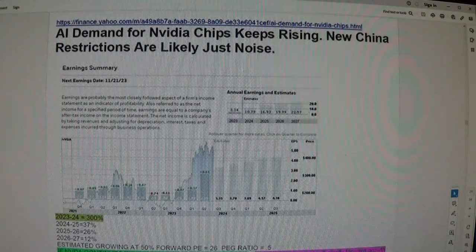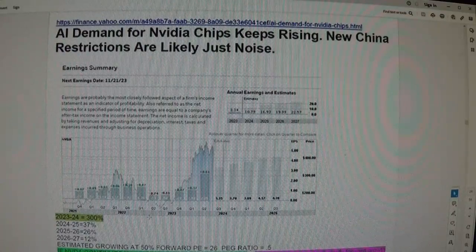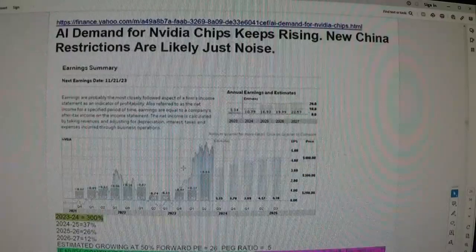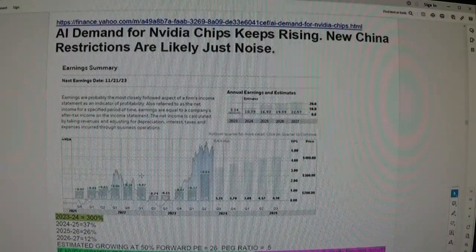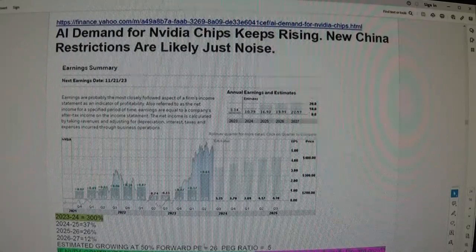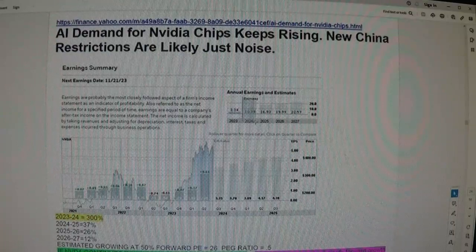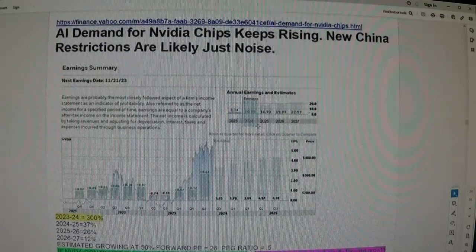So that's the answer to your question, Joe: we don't know. The PE of NVIDIA is like 100 right now, but the forward PE is 26. That means the PE based on this year's earnings is 100, but based on next year's earnings, which is $10, it's going to be 26.